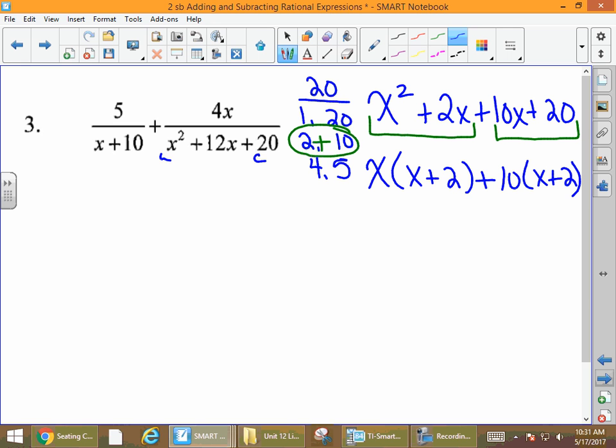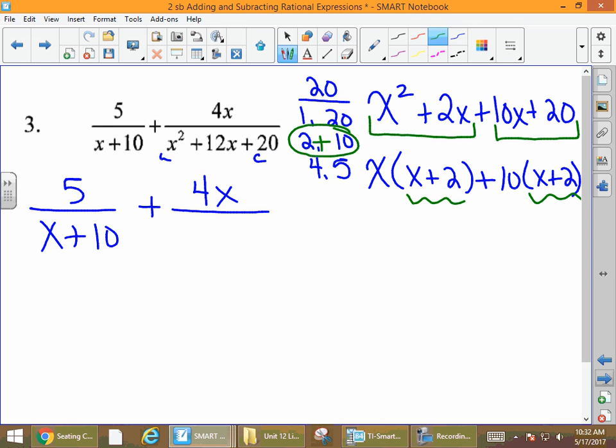I know I haven't finished the factoring, but I'll have it finished when we put it back in here. The 5 divided by x plus 10 plus 4x divided by our x plus 2 from each group and our x plus 10 that's left over. The single x, the single 10.